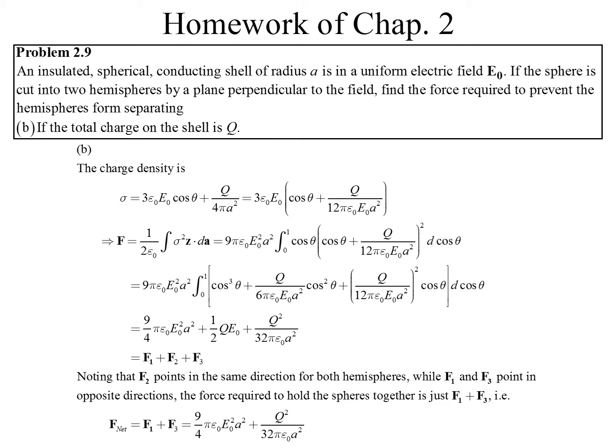And last, we have three terms in the z direction: F1, F2, and F3. Noting that F2 points in the same direction for both hemispheres, while F1 and F3 point in opposite directions, the force required to hold the hemispheres together is only F1 and F3. So F net equals F1 plus F3.